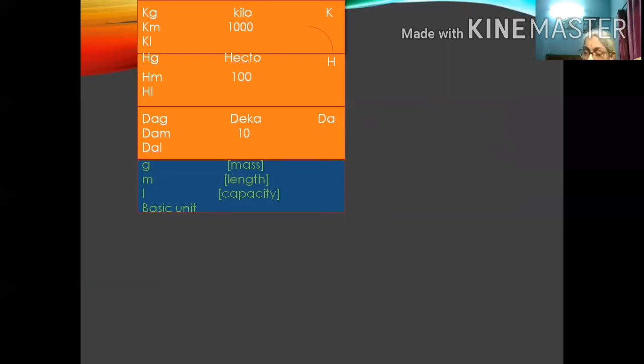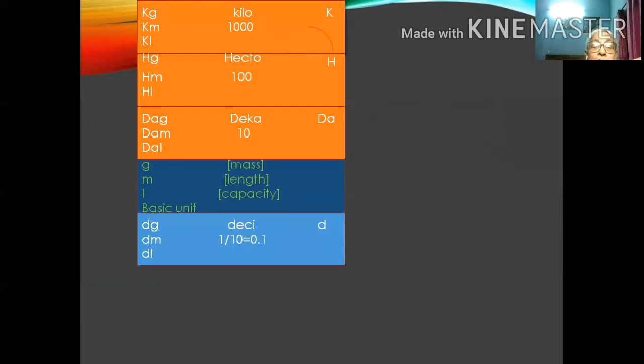Now you will come to the smaller units. The smaller unit than the standard unit is deci. Deci is 1/10 of the standard unit, that is 1 upon 10 or 0.1.